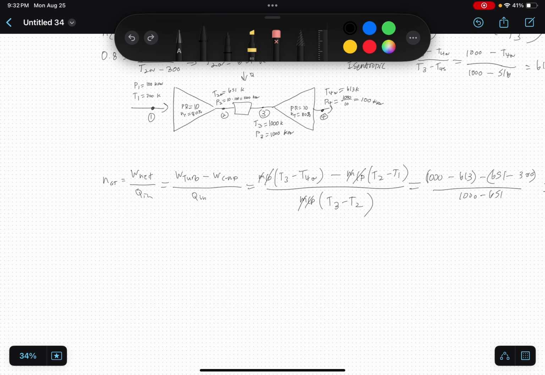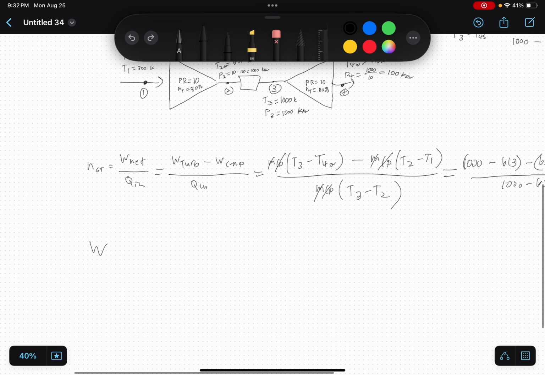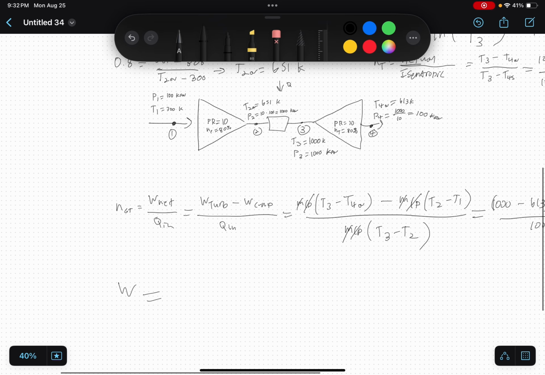Now the power output, work. So let's assume this gas turbine is connected to an electrical generator. So it spins the electrical generator. How much work would it produce? Well, it would produce the turbine work minus the compressor work, which would be m Cp, T3 minus T4A, minus m Cp, T2 minus T1.